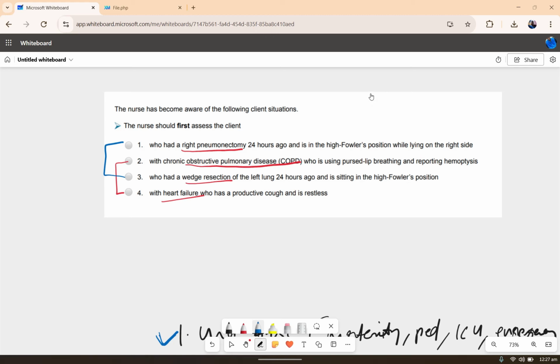When we talk about surgical condition, we are thinking about what? Complication. Because if you are thinking about the surgical condition itself, then you are telling me that you are the doctor, right? As a nurse, what's your role? With any surgical condition, your role is to do pre-op care, post-op care, monitoring for complication.